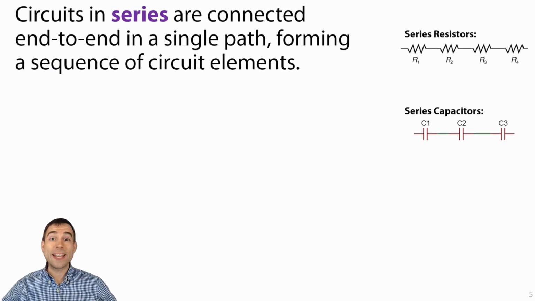There are really two ways that we can connect circuit components. The simplest way to think about connections is in a series connection. If our circuit elements are connected in series, that means that they are connected one after the other, such that electricity has to flow through the first component before it can flow through the next component.